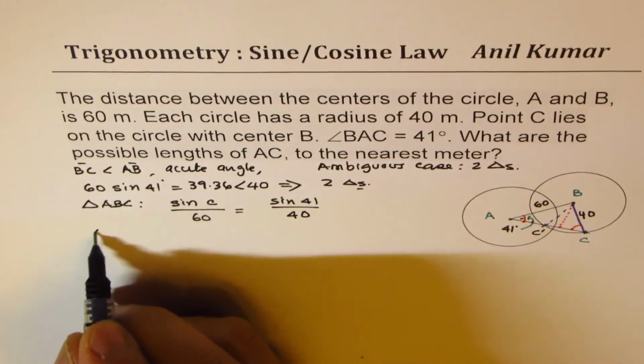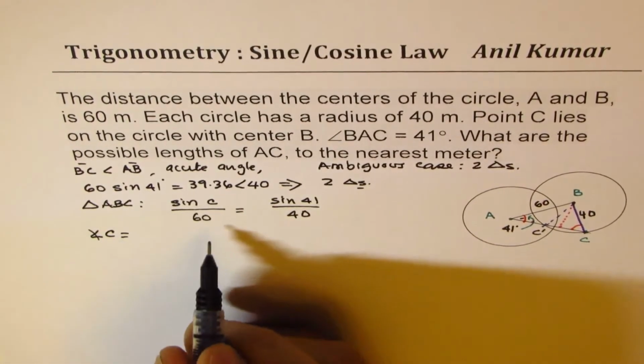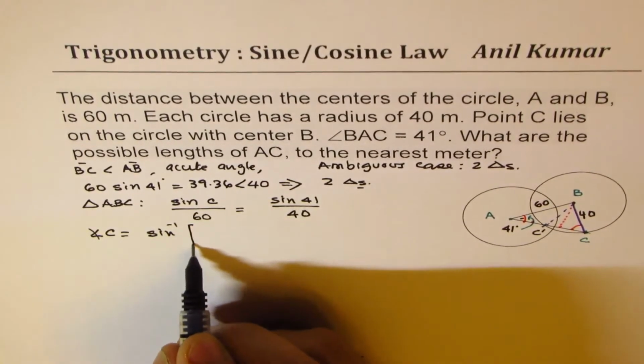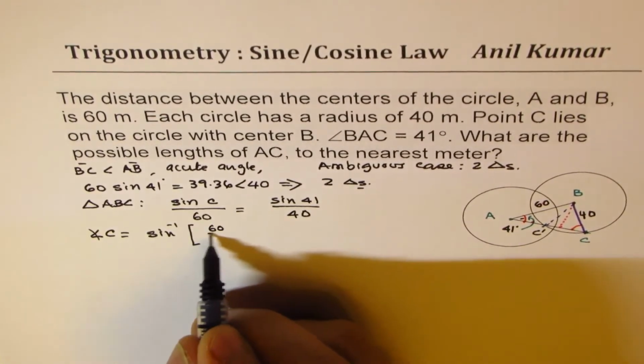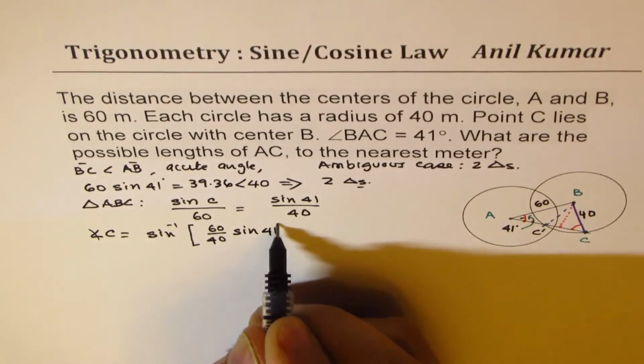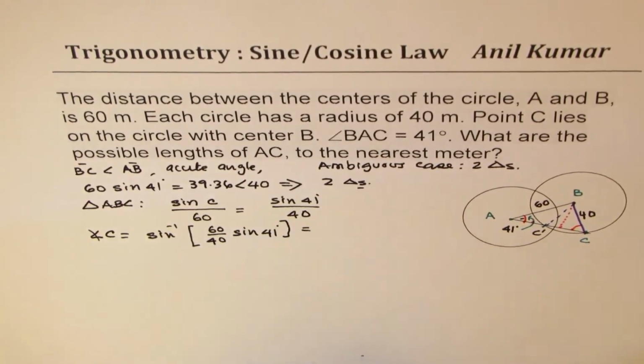So that gives you angle C as equal to sine inverse of 60 over 40 sine of 41 degrees, correct? Let's find this angle.